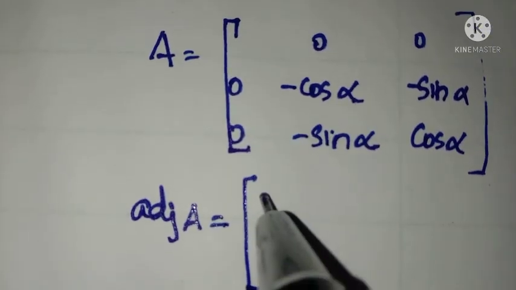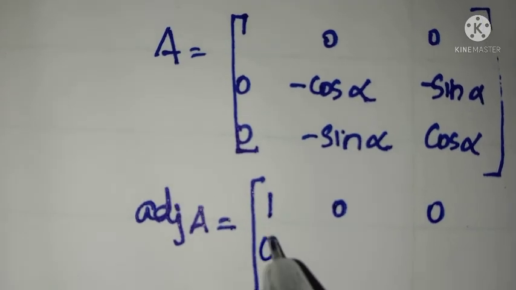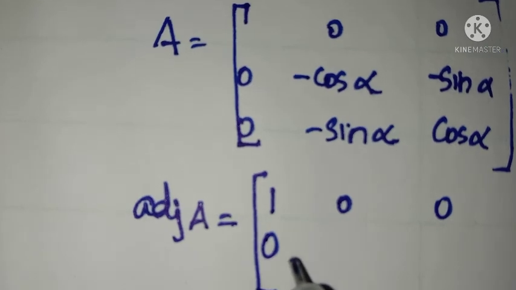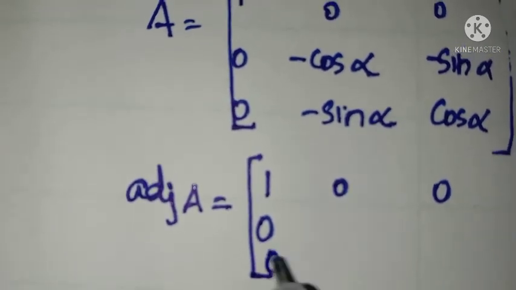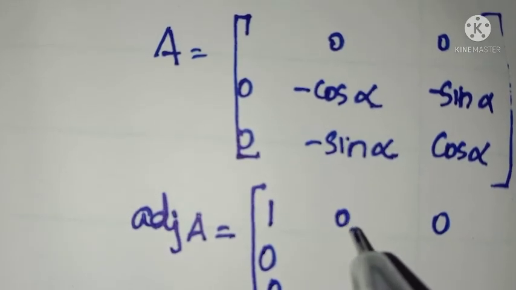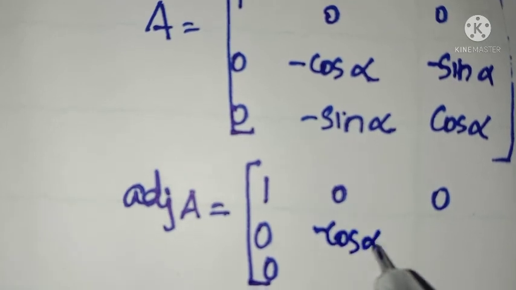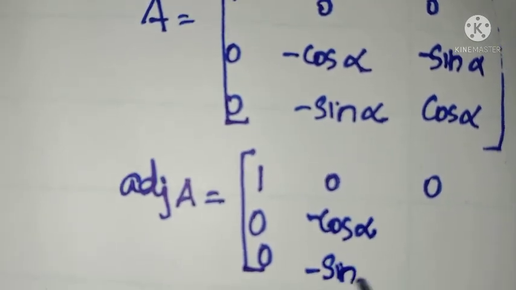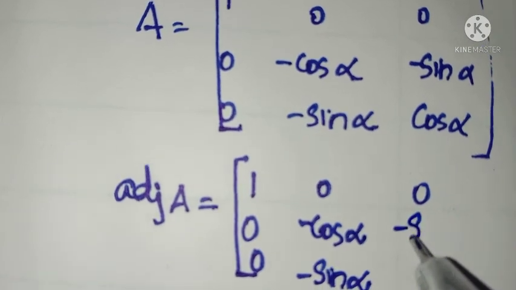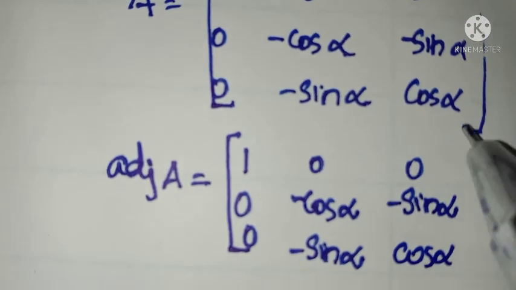So the adjoint matrix is 1, 0, 0, then rows become columns: the second column is 0, -cos alpha, -sin alpha, and the third column is 0, -sin alpha, cos alpha.